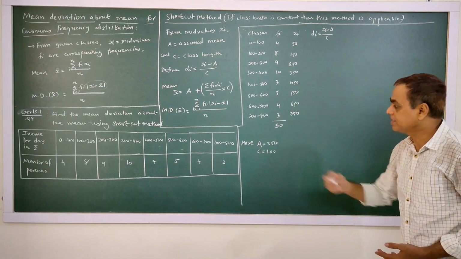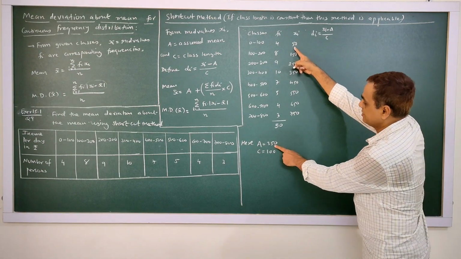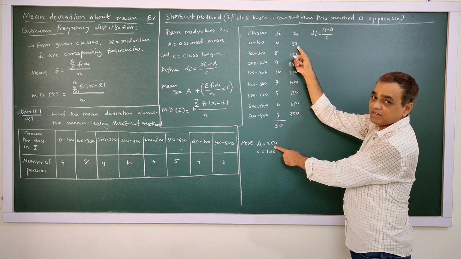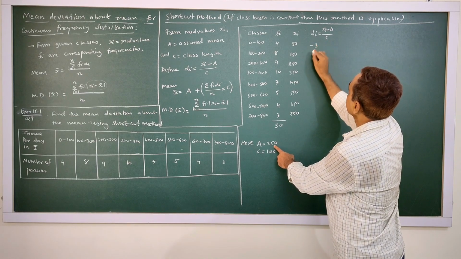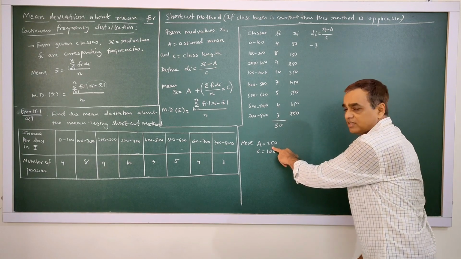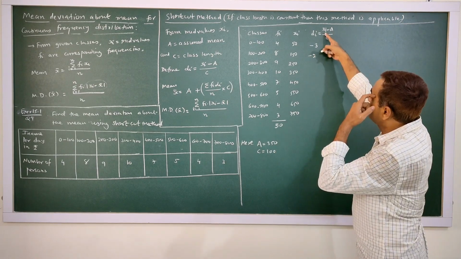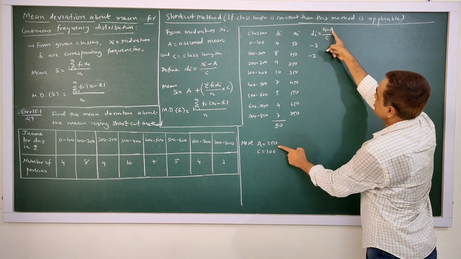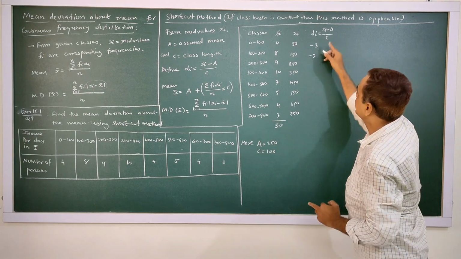C is 100. So xi 50 minus 350 is minus 300. Divide by 100, that is minus 3. 150 minus 350 is minus 200. Divide by 100, that is minus 2. Now keep here 250. So 250 minus 350 is minus 100. Divide by c, 100. So that is minus 1.